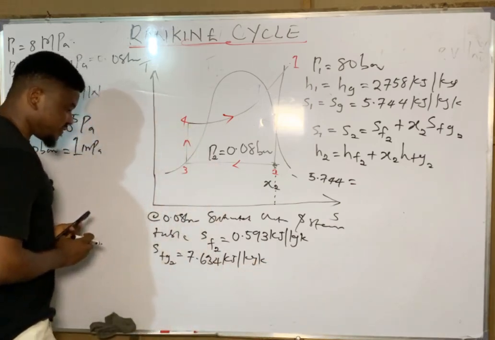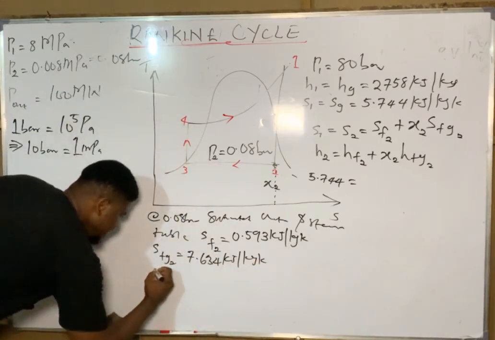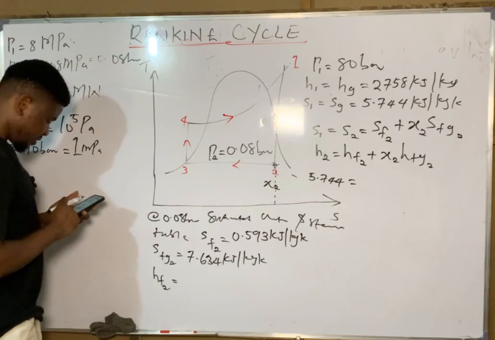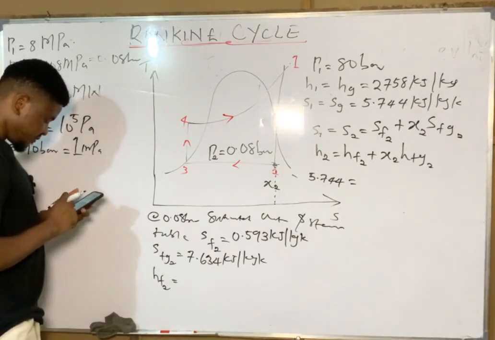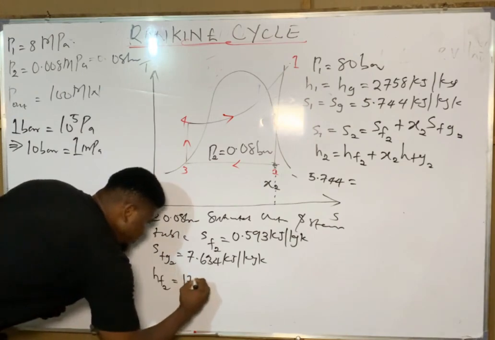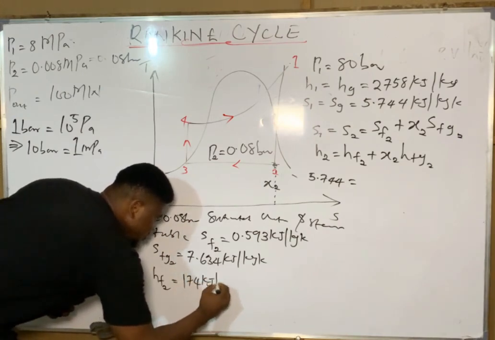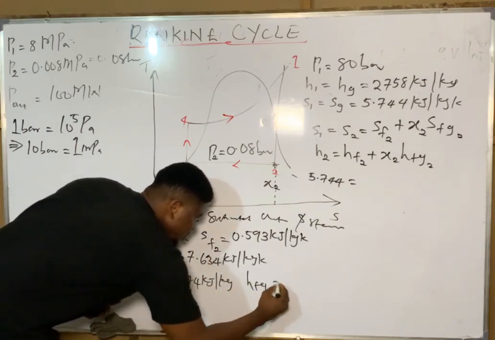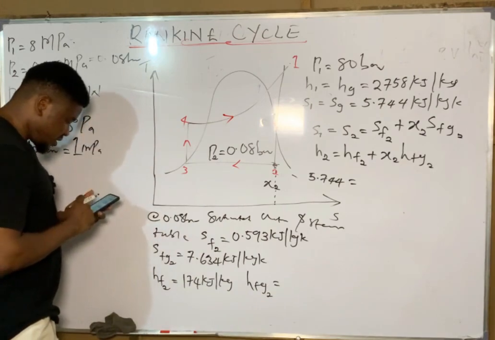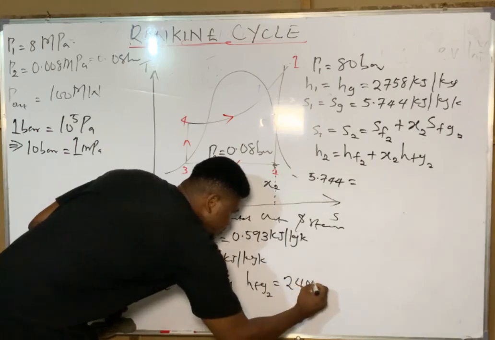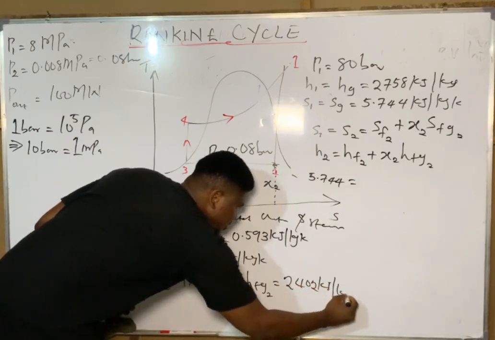So we have SF and SFG. Next, let's find HF, which is now HF2, still at that same pressure. HF is 174, so we have 174 kilojoules per kilogram. Then we'll find HFG at that same pressure. HFG is 2402. We have 2402 kilojoules per kilogram.